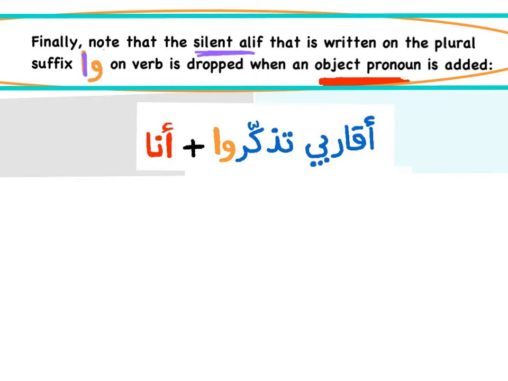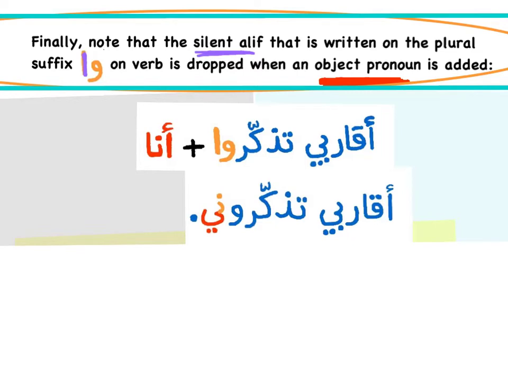So for example, أقاربي, my relatives, تذكروا, remembered, and if you're talking about yourself, so أقاربي تذكروا أنا, and أنا as an attached object pronoun would be ni, so we drop the alif and it would become تذكروني. أقاربي تذكروني, so ni here refers to أنا, the alif has been dropped for ease and beauty of pronunciation.